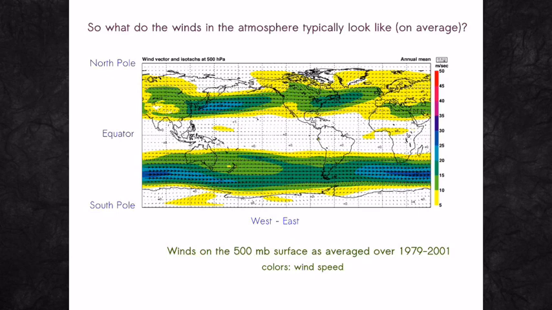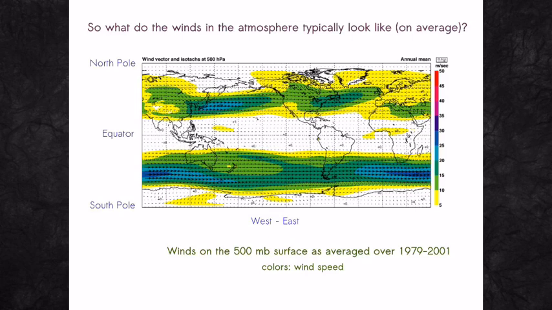And so this is winds plotted here on the 500 millibar pressure surface. Remember that's in the mid-troposphere. We're looking at this as if we're looking down from above on the 500 millibar surface. We've got the east-west direction running along the bottom of the figure, and then north-south along the vertical axis, with the South Pole at the bottom, equator in the middle, and the North Pole up here.